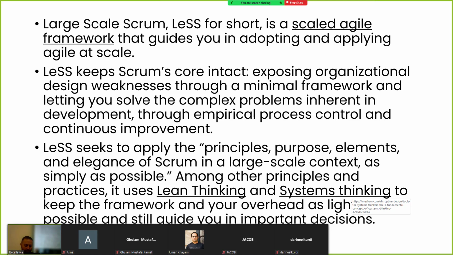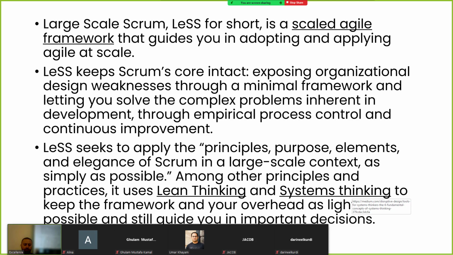It is a scaled agile framework that guides you in adopting and applying agile at scale. LeSS keeps Scrum's core intact, exposing organizational design weaknesses through a minimal framework and letting you solve the complex problems inherent in development through empirical process control and continuous improvement.